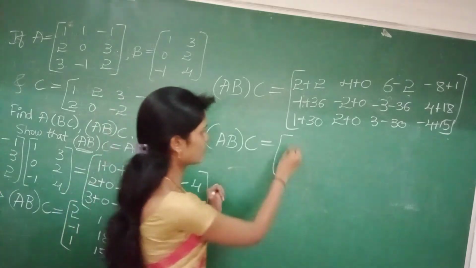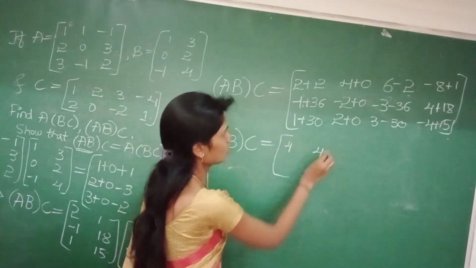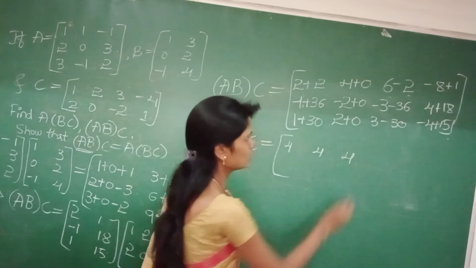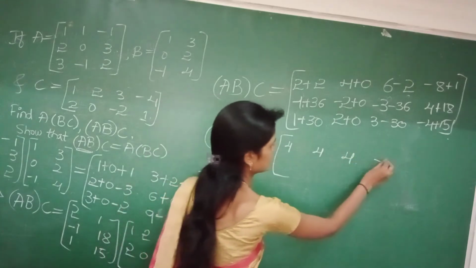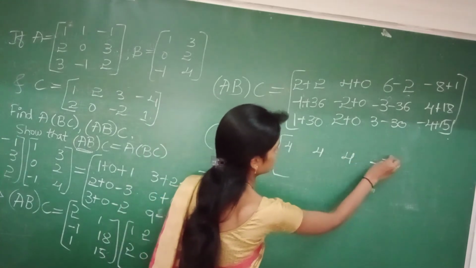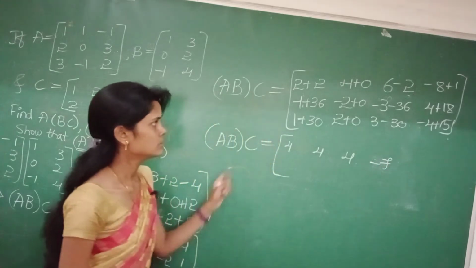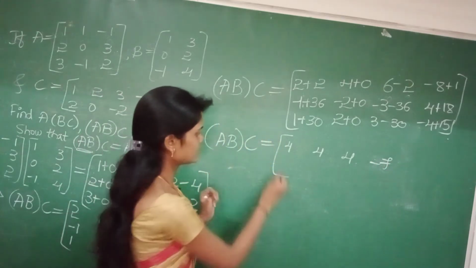2 plus 2 it is 4, 4 plus 0 is 4, 6 minus 2 is 4, minus 8 plus 1 is minus 7. And minus 1 plus 36 it is 35.